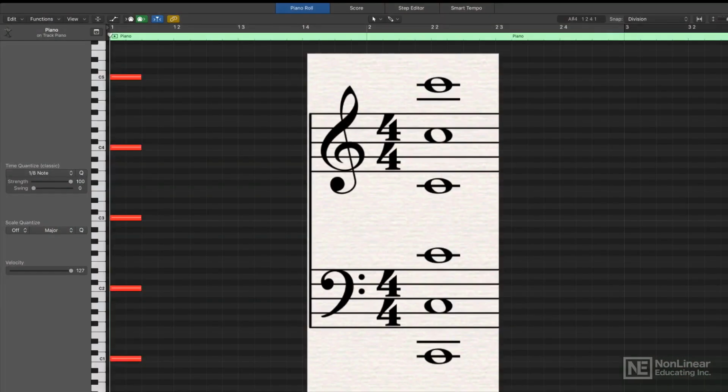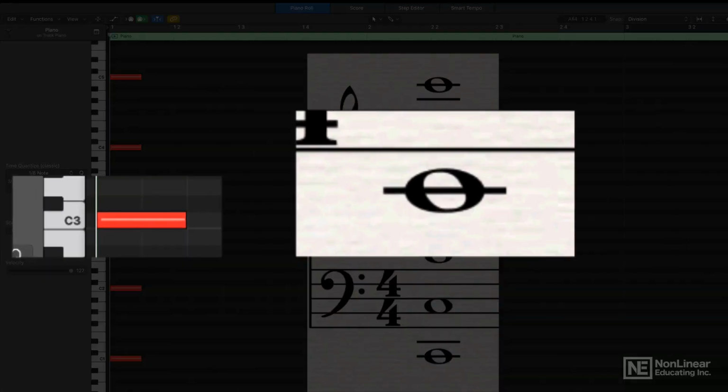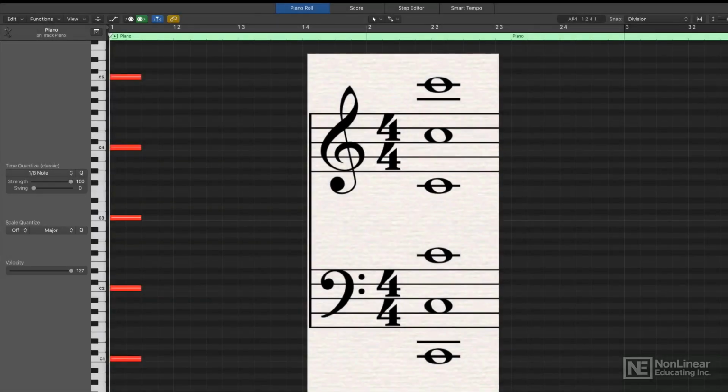So when you open up your piano roll editor and start typing in notes, just keep in mind that C3 is middle C as you enter notes. This is just a weird byproduct of different synthesizer and keyboard manufacturers referring to middle C differently. Every DAW I've ever used refers to middle C as C3, so for the duration of this course, I'm going to refer to middle C as C3 as well.